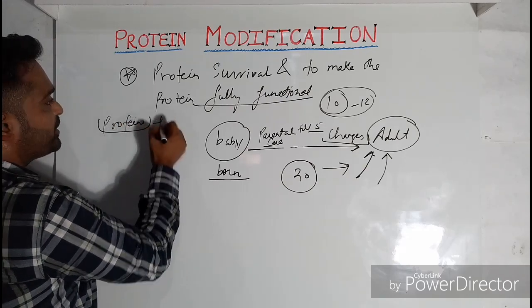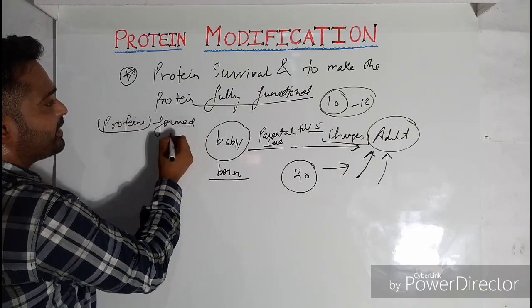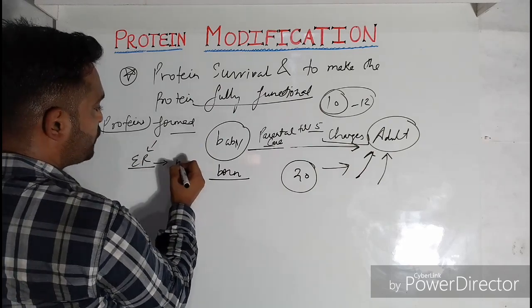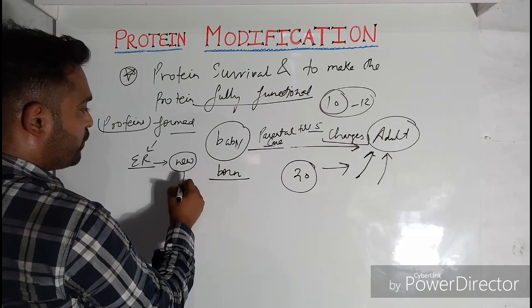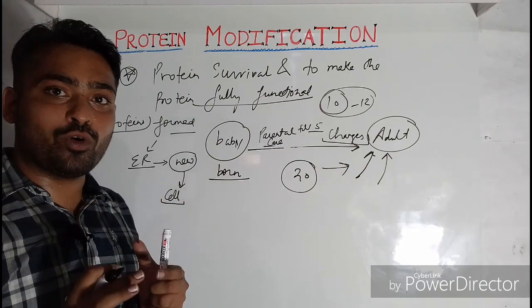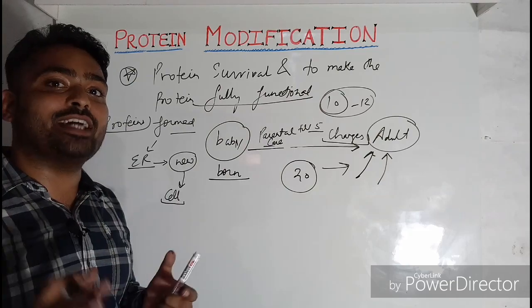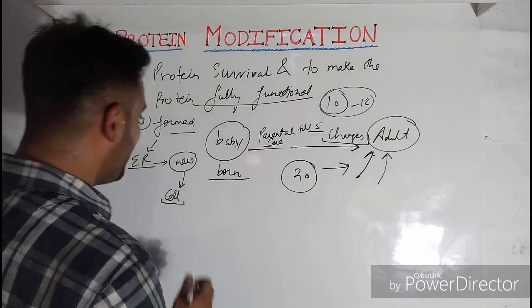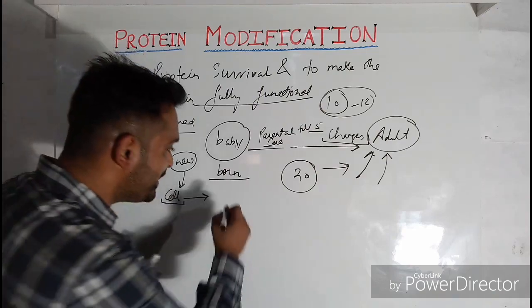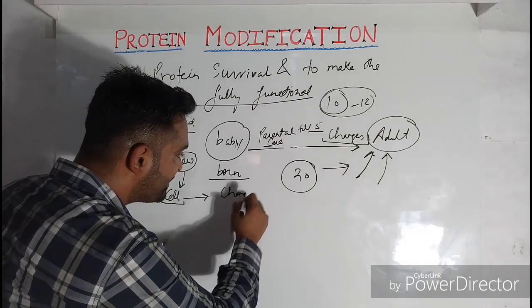When they are formed in the ER, they are totally new in the world of the cell. They are not aware of what is going on and what they have to do. In order to survive they need a lot of changes.